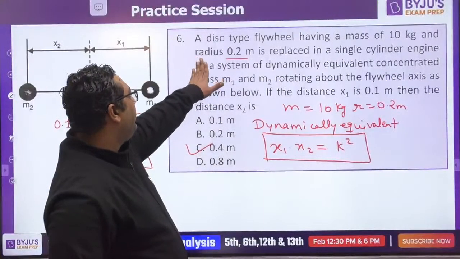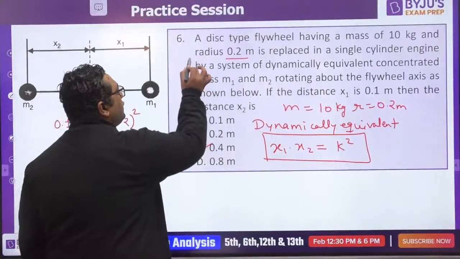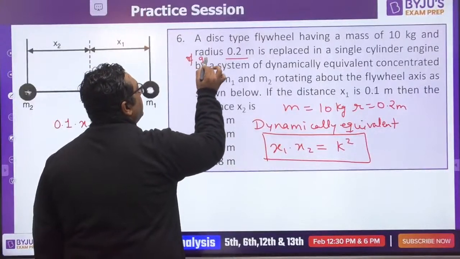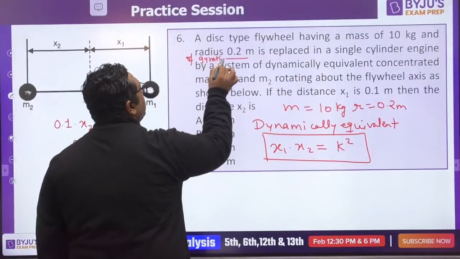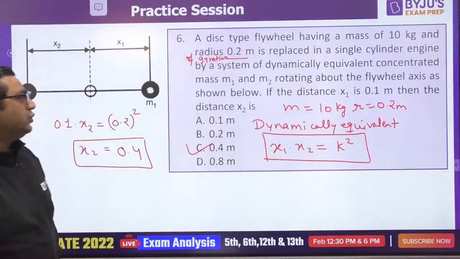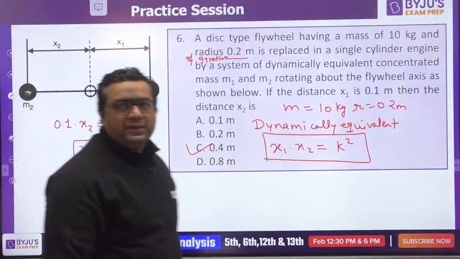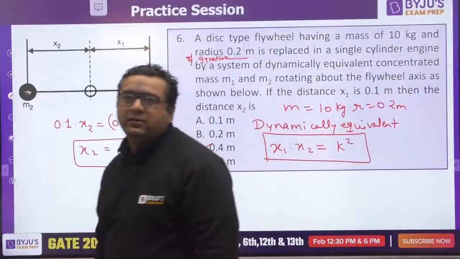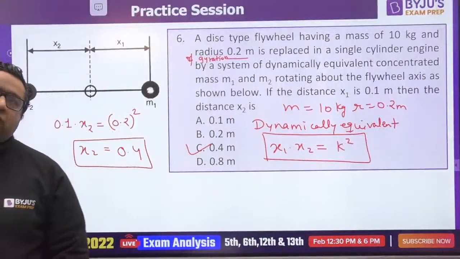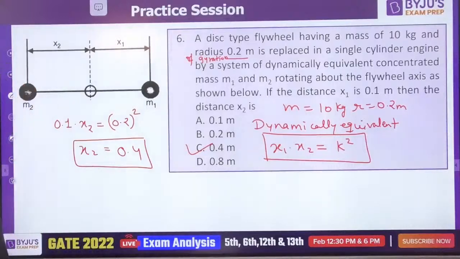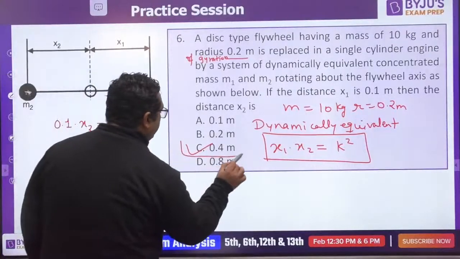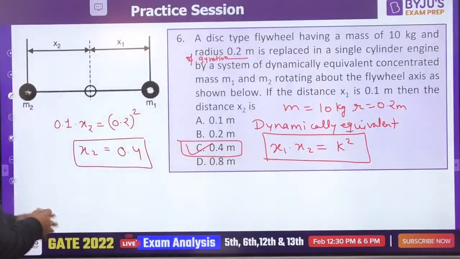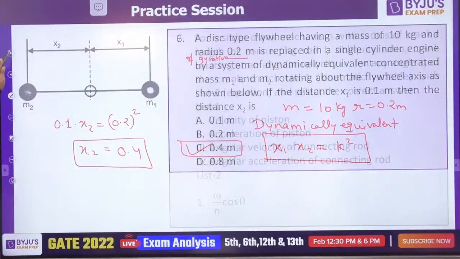If they would be giving radius of gyration, okay, this should be radius of gyration actually. Sorry, radius of gyration, obviously. Very good, Parvinder. So it should be radius of gyration. That's great. Okay, fine. So guys, the answer is going to be 0.4. Let us move to the next one.